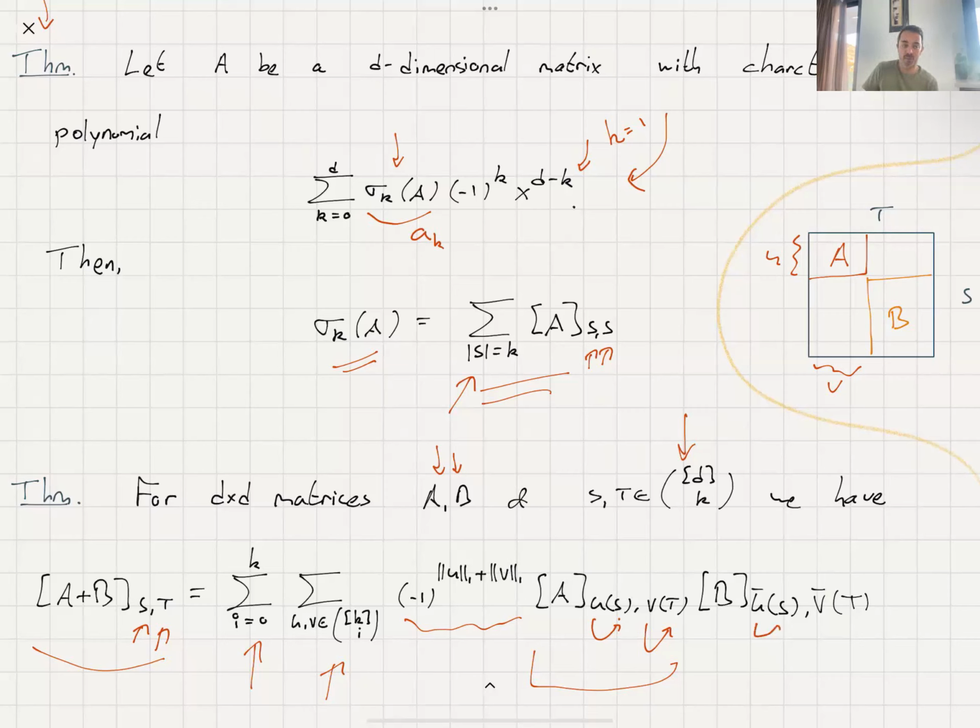So this is U complement, complement with respect to K. So you take the indices you didn't take from S here, and same here.